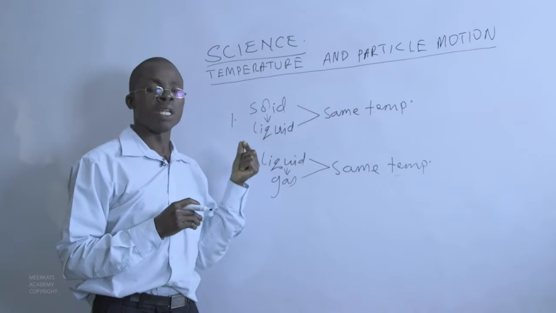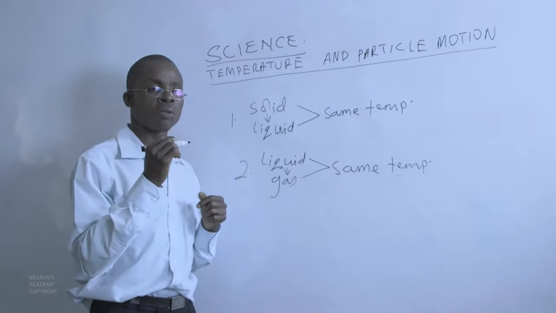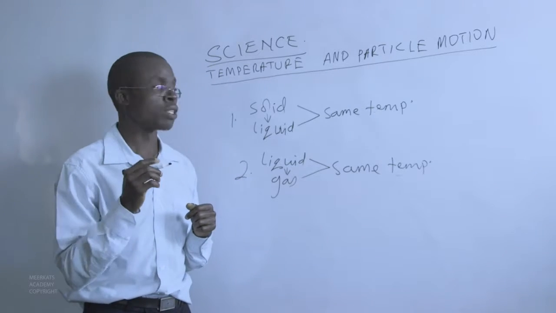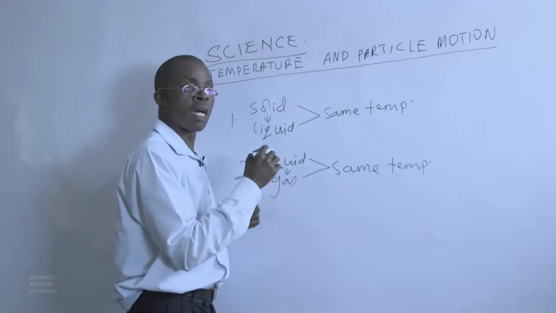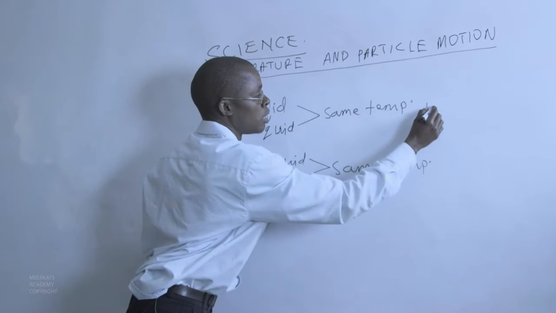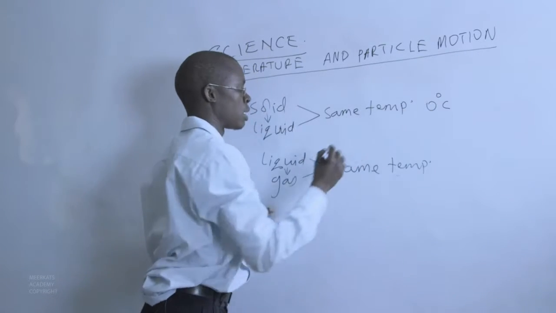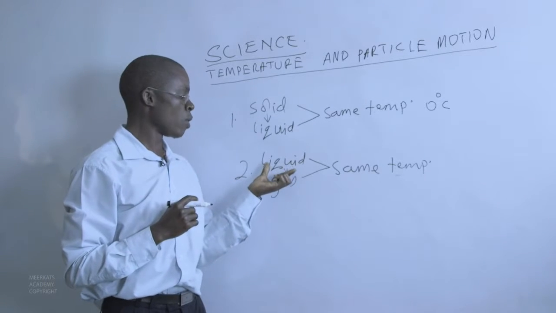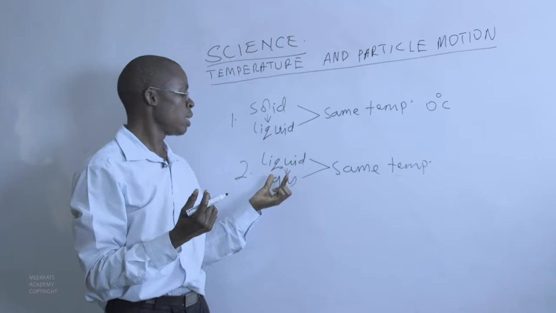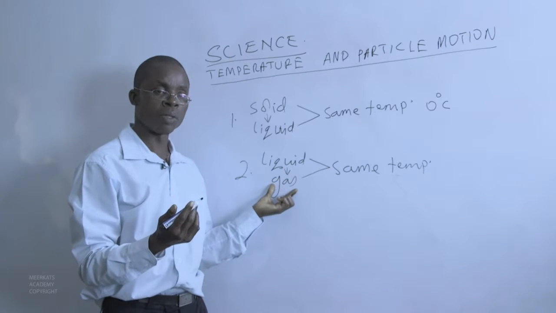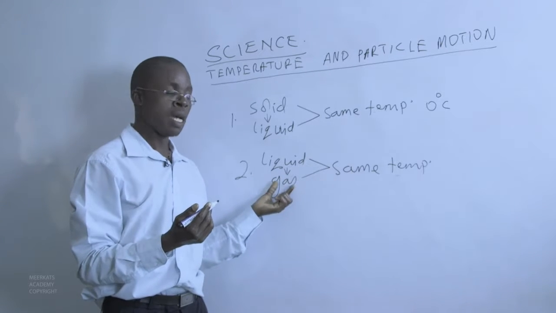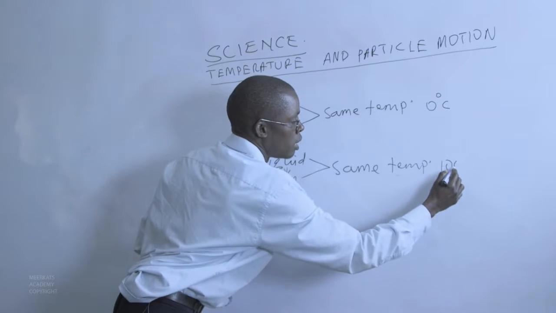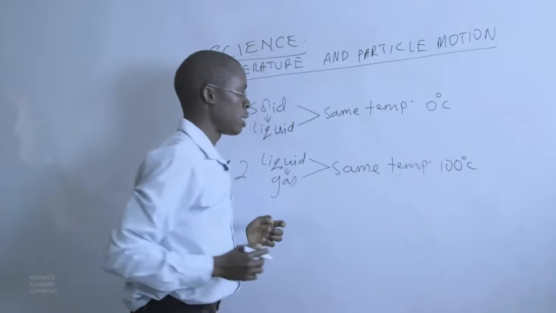During that process of melting, the temperature at which the change of state is taking place is usually constant, and for water at sea level it is 0 degrees centigrade. For the case of boiling, we have water, a liquid, turning into vapor, steam, which is a gas. At sea level, this is done at 100 degrees centigrade.